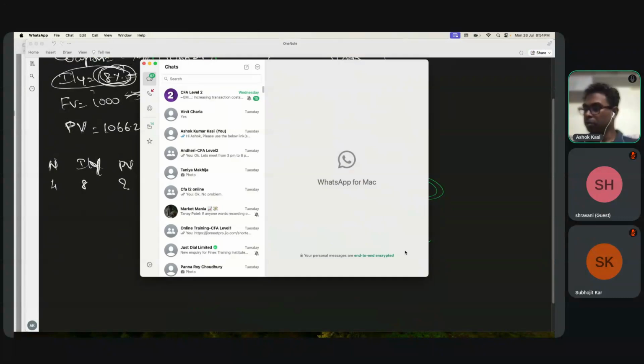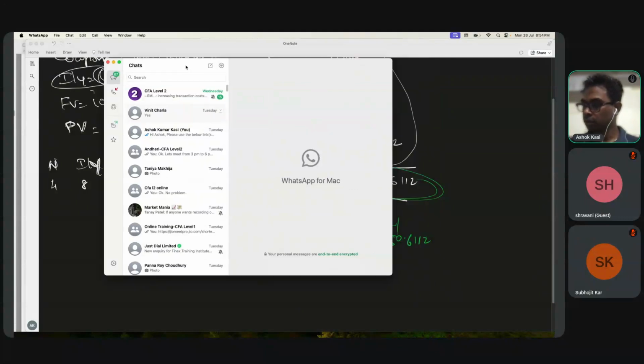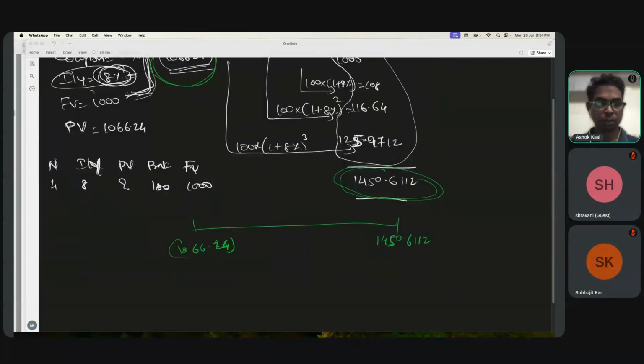So now CAGR, compounded annual growth rate, is equal to what?